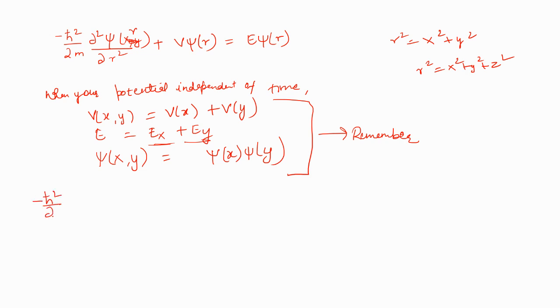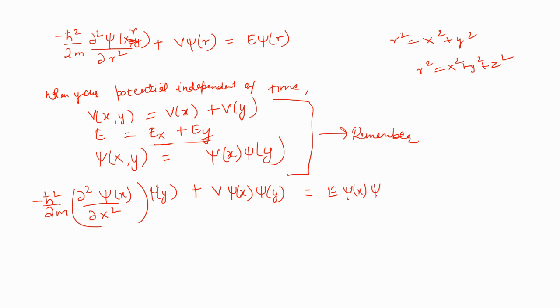Minus h cross squared upon 2m, d2 psi, we can write psi x, and psi y will not come inside because psi y is constant for this differential, right? So psi y is written outside, plus V psi x psi y equals E. Now solve this, it is very easy.